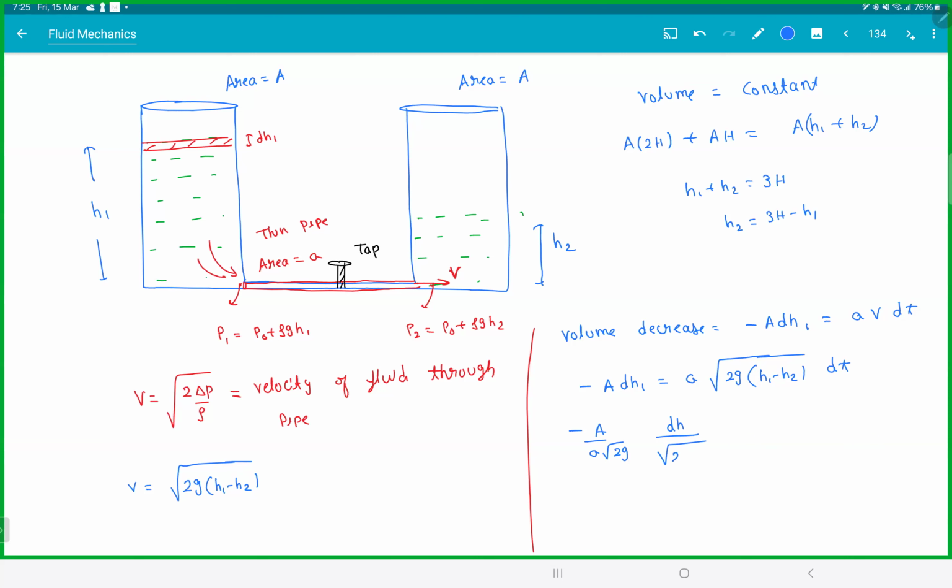So 2h1 minus 3h is equal to dt. Integrate on both sides. This will go from 0 to t. This will go from initial height 2h to some height h1. Finally, what will be the heights of both of them? 3h by 2. If you want to find the time when the heights become equal, the height becomes 3h by 2.